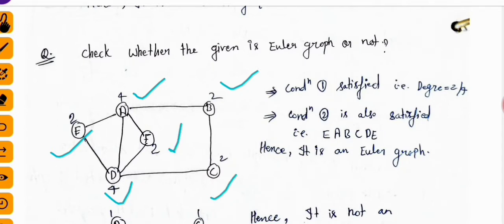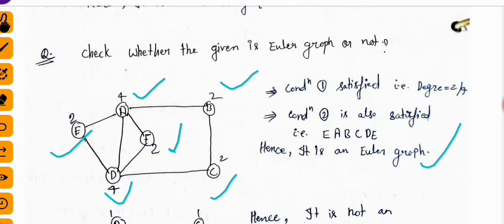Now condition 2 is also satisfied. How? We start from E, then A, then B, C, D, E. So we say that it contains an Euler circuit. So it is your Euler graph.